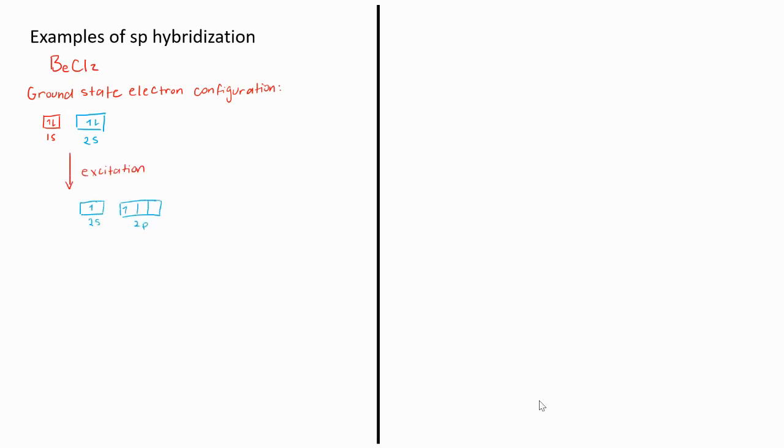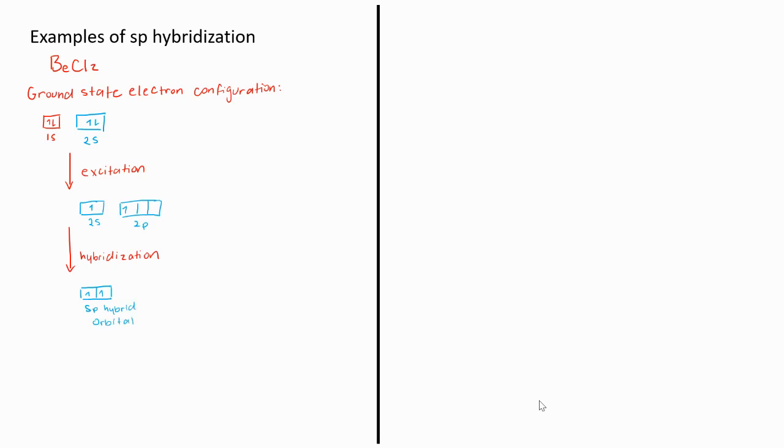Now let's have a look at some examples of sp hybridization. We'll look at beryllium chloride. The ground state electron configuration of beryllium is like so, and if we excite this, we can separate that orbital and put one of the electrons in a 2p orbital.